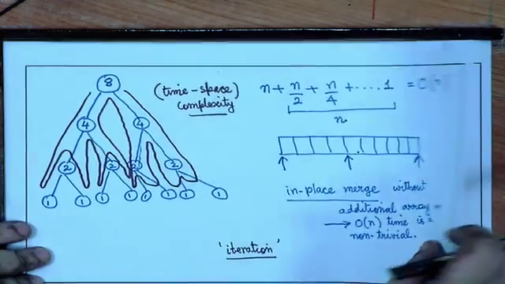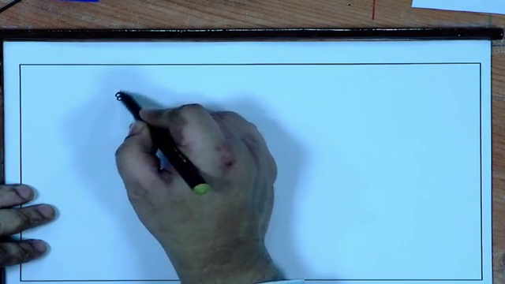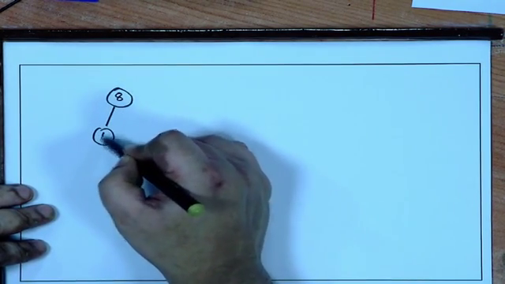On the other hand, if we want to look at it from an iterative point of view, let us redraw that and see how it looks different.